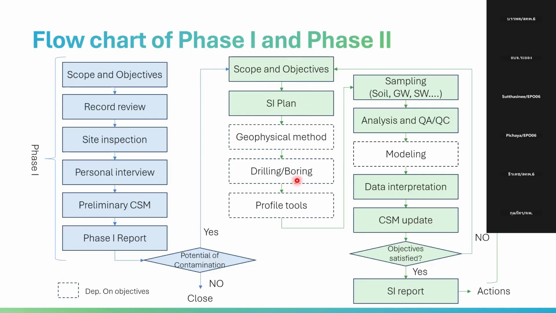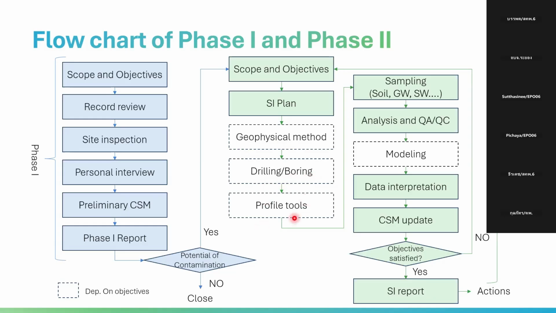For example, with geophysics methods, you can get a very big profile of the soil and groundwater, and the potential distribution of the geological information and the contamination. Then you can use the traditional drilling method or borehole method to get the sample to get more detail about the distribution of the geological information.